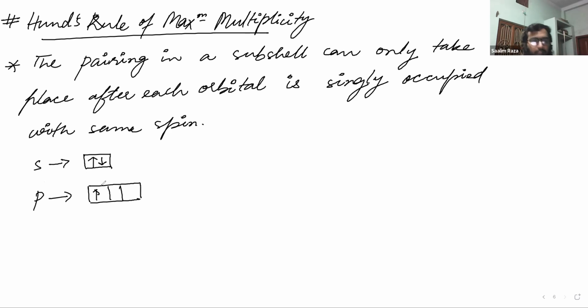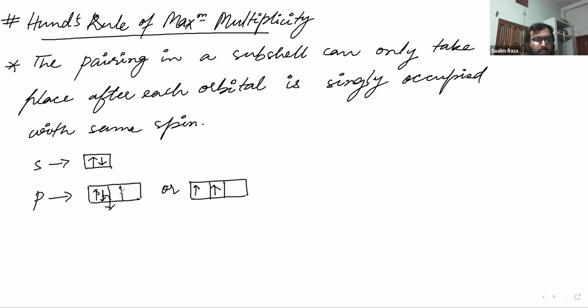Now you can either pair this electron and add the next electron in the same orbital, or we have another choice: we can fill the next orbital with the same spin. If you're filling in the same orbital, you must have the other electron with opposite spin due to Pauli's exclusion principle, right?